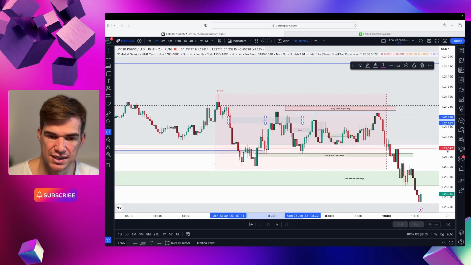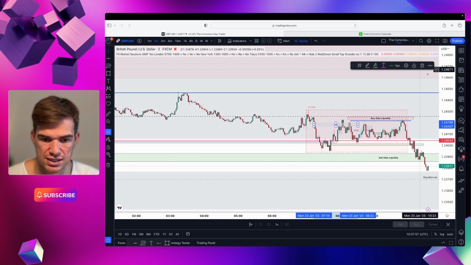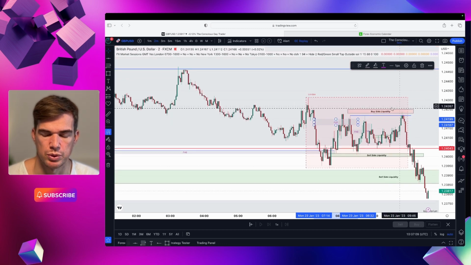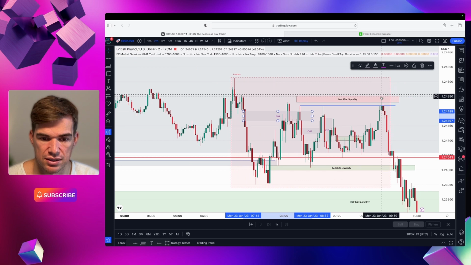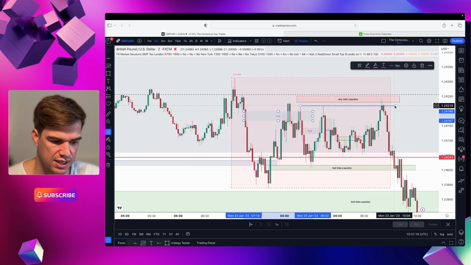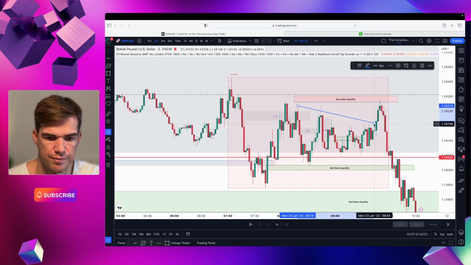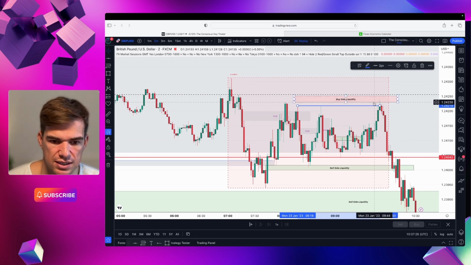And like we said, like myself, people were expecting a higher move into this area, fair value gap and buy side liquidity from the daily. Takes out liquidity and then crashes down. And as I was watching this live, I had this line here, which I wanted to see come take out.